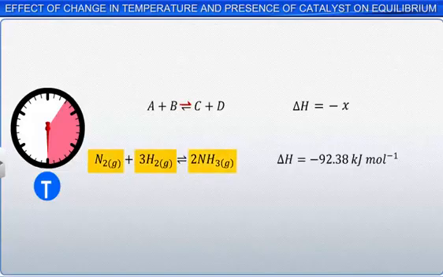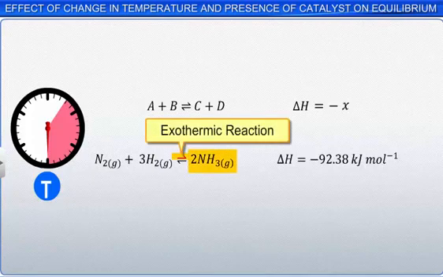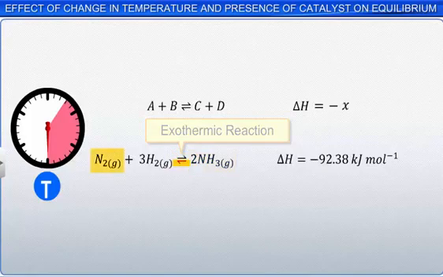In this reaction, the forward reaction, that is, the formation of ammonia, is an exothermic reaction, and the backward reaction of ammonia dissociating into nitrogen and hydrogen is an endothermic reaction.